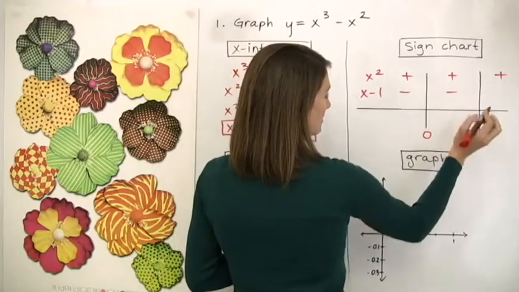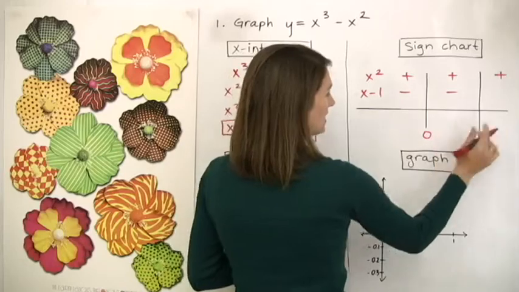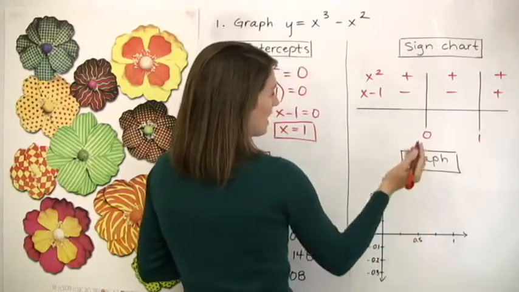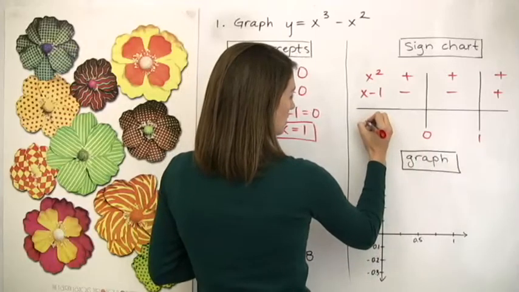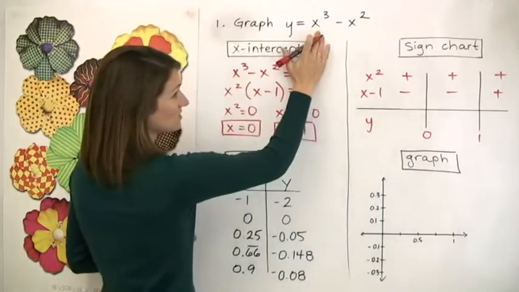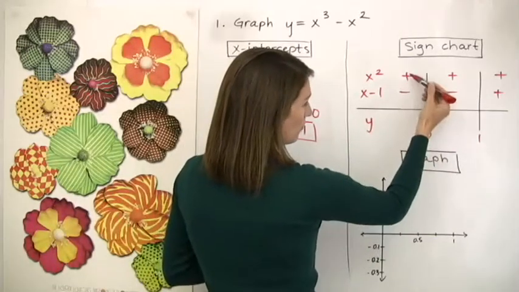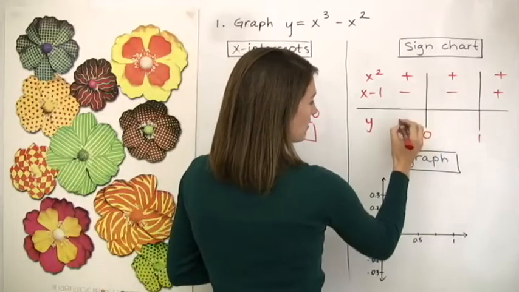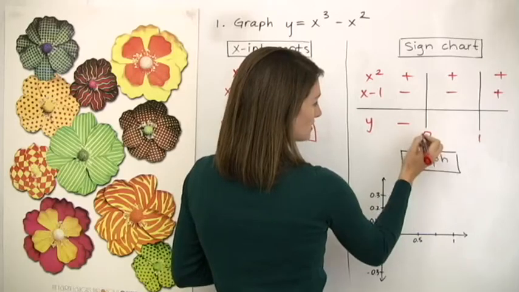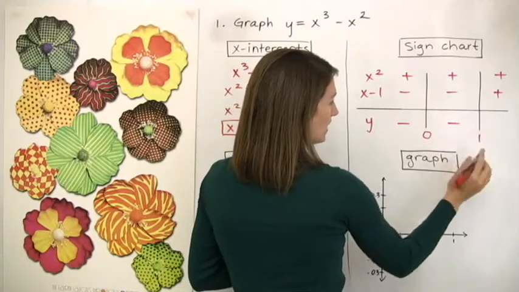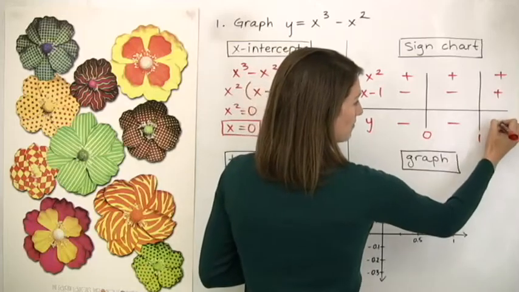It's going to be negative when it's between 0 and 1, and it's going to be positive when it's greater than 1. Now for our function of y, so this is x cubed minus x squared, we can tell based on these signs that our function is going to be negative when it's less than 0. It's going to be negative when it's between 0 and 1, and it's also going to be positive when it's greater than 1.